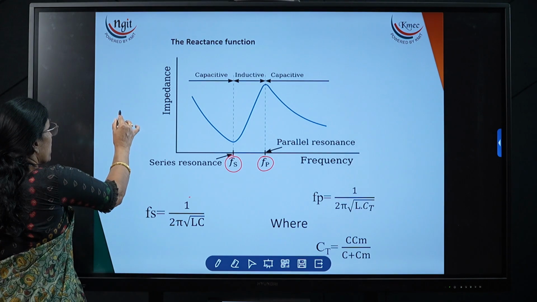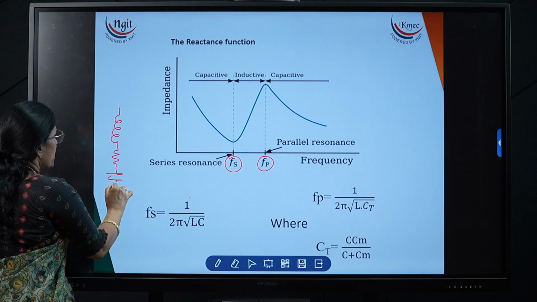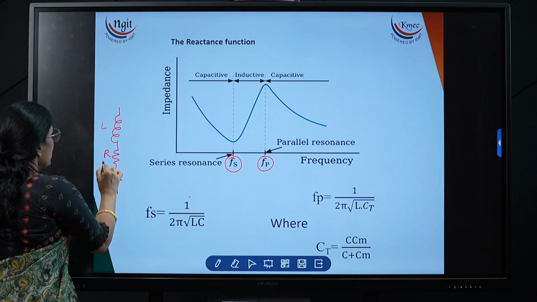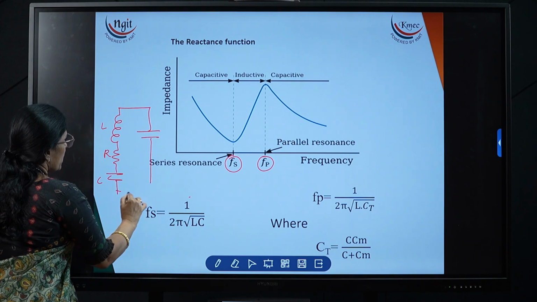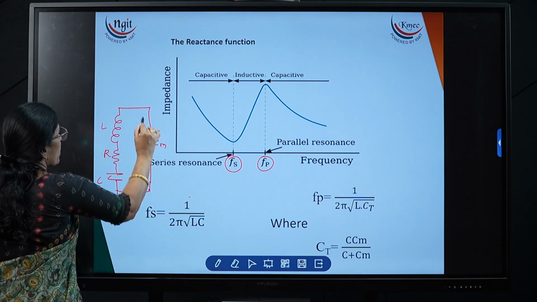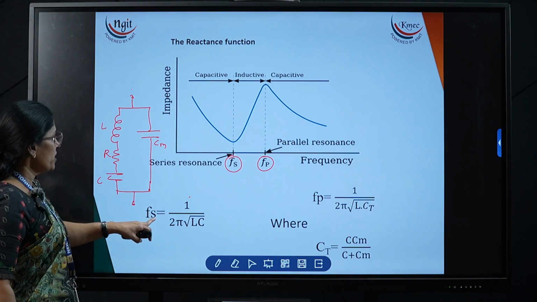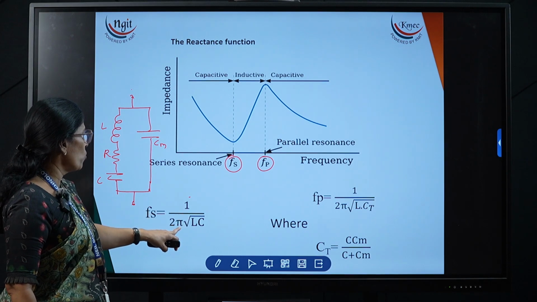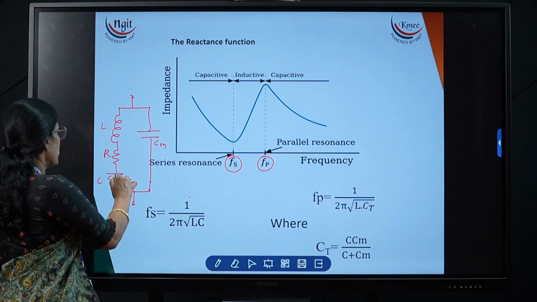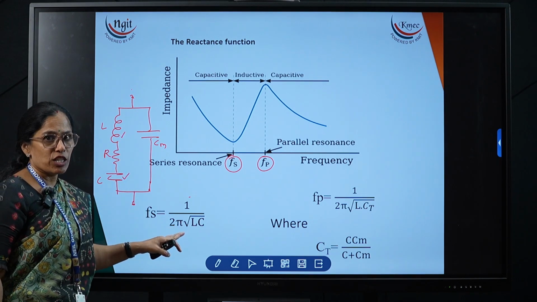If you see the crystal, the R, L, C values are in series, and Cm is connected like this. So this is the equivalent diagram for the crystal. Fs, the series resonance, is 1 divided by 2 pi root LC. Here the L value and C value are considered for the series resonant frequency.